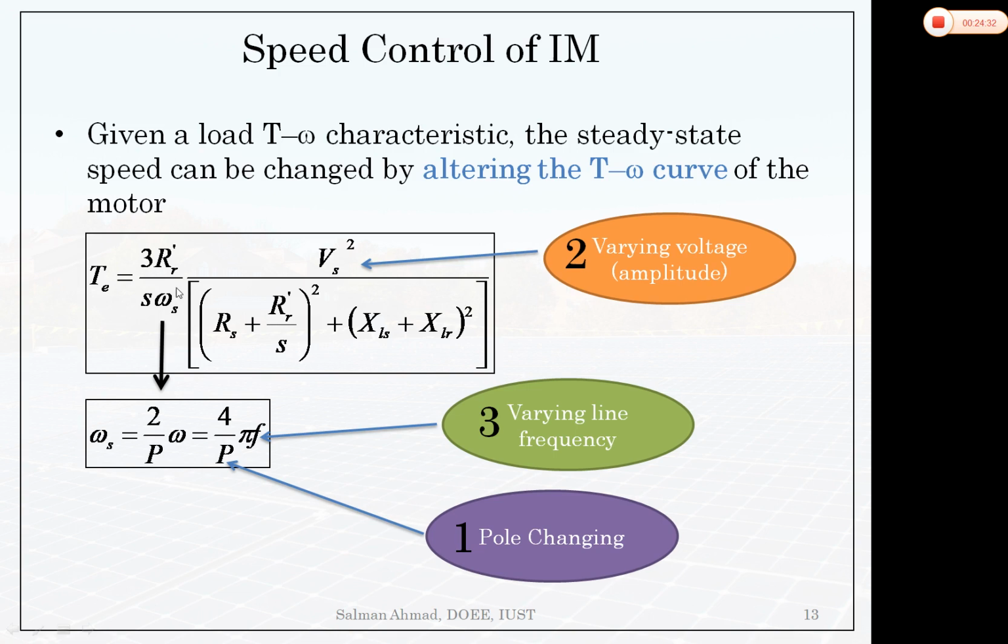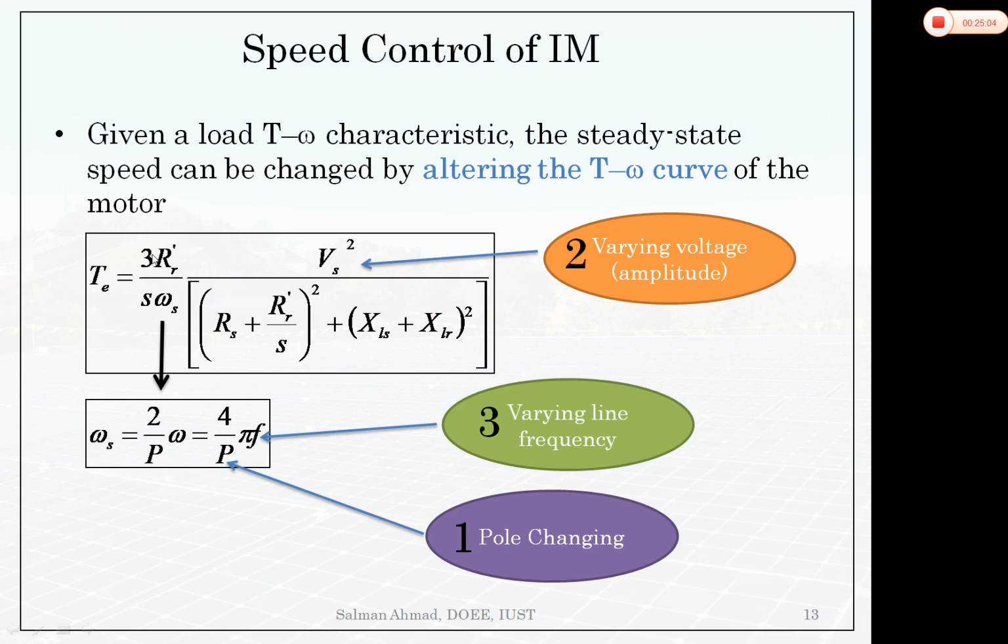Another method is by controlling these other parameters. Synchronous speed is dependent upon the supply frequency and the number of poles. We can change the supply frequency, in hertz, or we can change the number of poles, which is the pole changing method. We can change the torque characteristic by varying the voltage amplitude, and by changing the frequency.